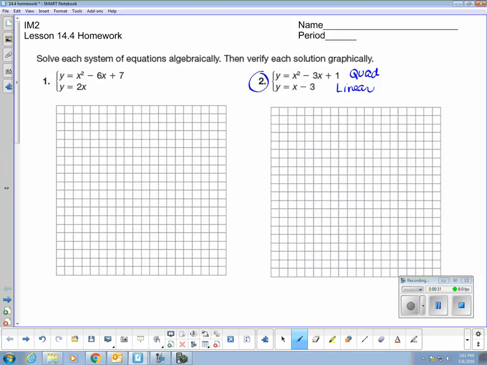So I'm going to begin by setting x squared minus 3x plus 1 equal to x minus 3. And so I'm going to subtract x from both sides. And then I'm going to add 3 to both sides.